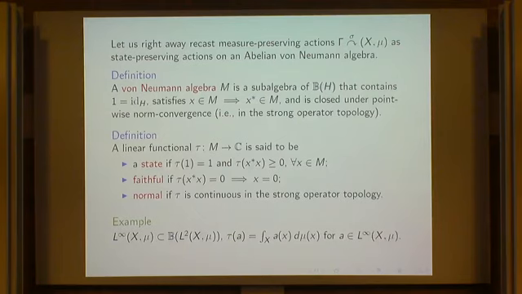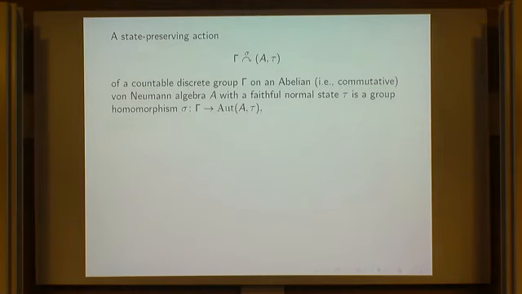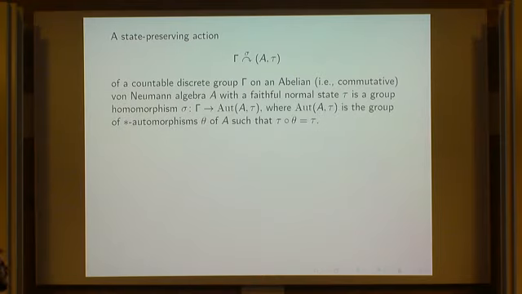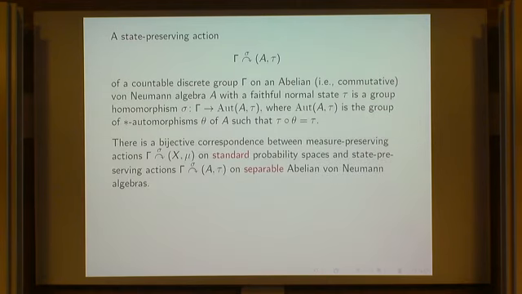With this language, we can talk about state-preserving actions of countable discrete groups on abelian von Neumann algebras. Now these are just group homomorphisms from our countable discrete group into the automorphism group of the von Neumann algebra, which is just the group of star automorphisms of A that preserve the state in this sense. The point is that there's a one-to-one correspondence between actions on standard probability spaces and state-preserving actions on separable abelian von Neumann algebras.